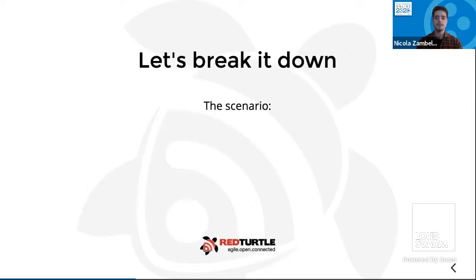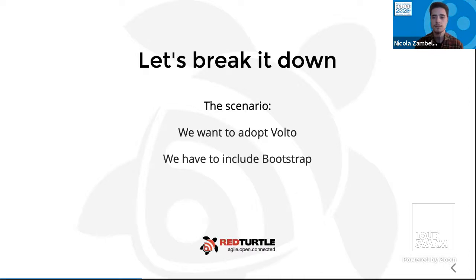So to summarize it all, this is the scenario. We wanted to adopt Volto in our fresh new project because it's cool, it's modern, and has a good UX. At the same time, we needed to integrate Bootstrap for the official kit, and in Volto, we have SemanticUI as a CSS framework.